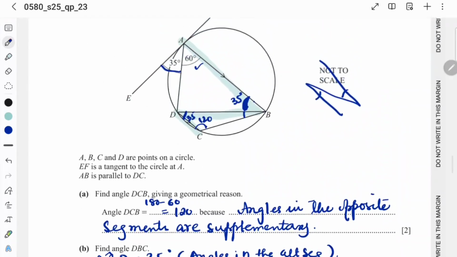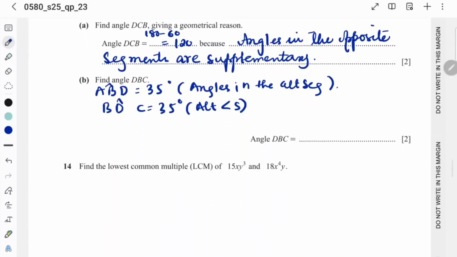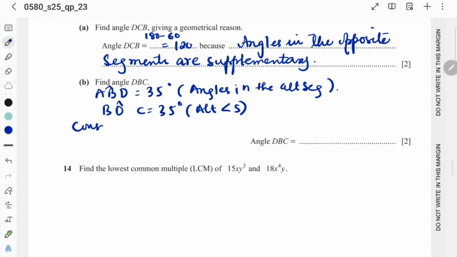So now we are ready to find the required answer. We are considering triangle DBC, or CBD or BDC.